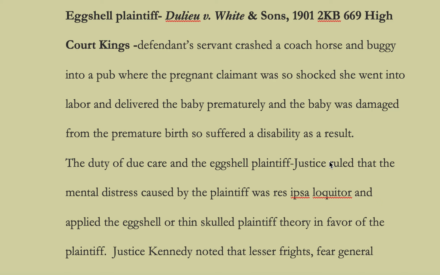The woman was shocked and stunned. Her emotional state was such that she went into labor physically, gave birth to the baby prematurely, and the baby was having a disability the rest of its life because it was born too early. And so her husband sued, because back then women and children were property.